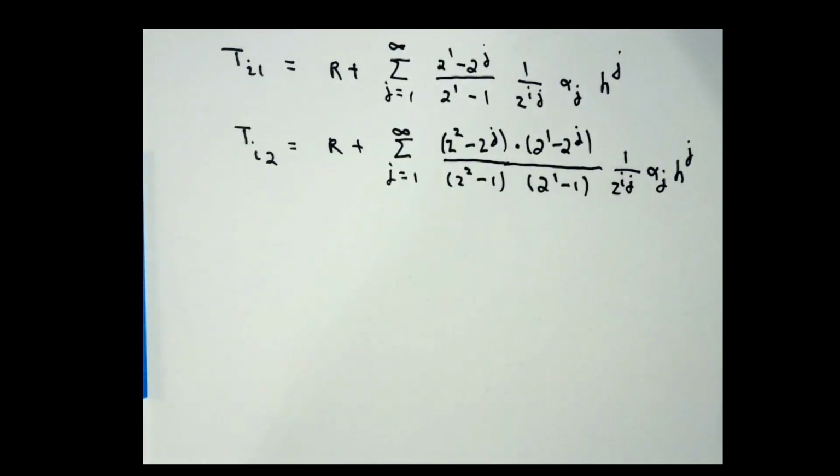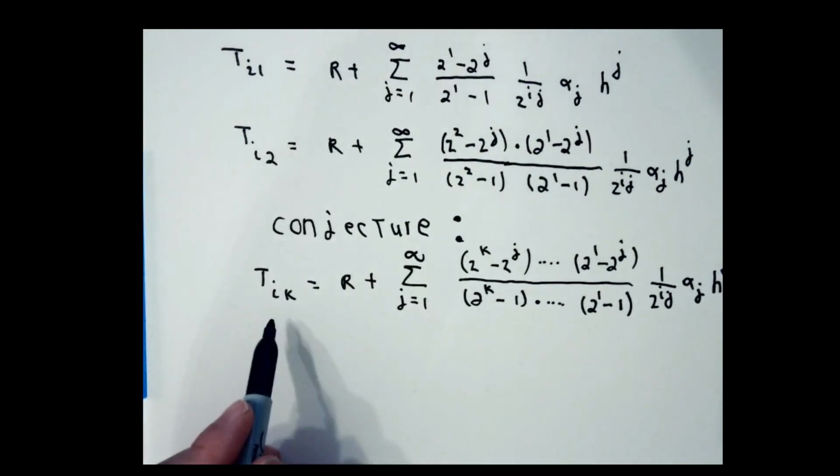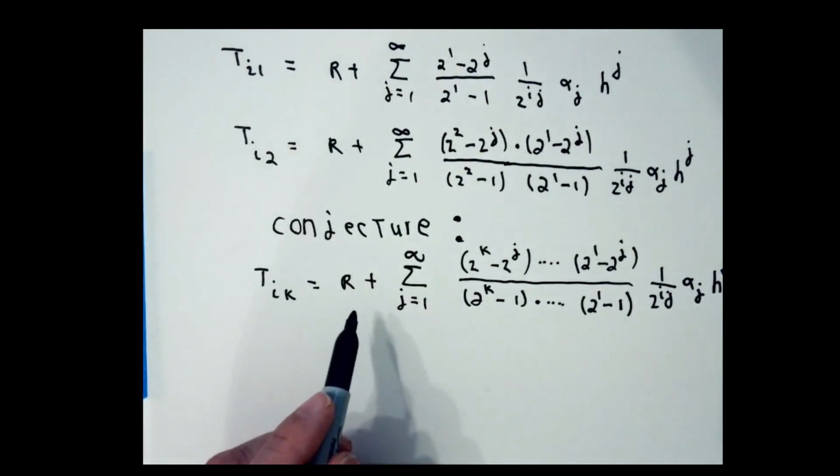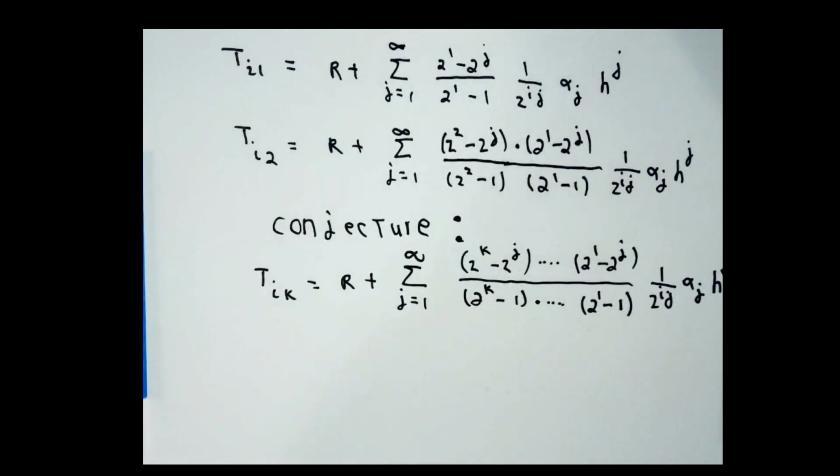But even better than that, look at this formula, look at that formula, look at that one again, and I've got a guess, I've got a conjecture. I'm going to guess that T_ik is the actual thing we're interested in plus a sum. The terms of this sum are all going to have a factor of 1 over 2 to the ij, a factor of alpha j, an h to the j, and there's going to be a fraction.